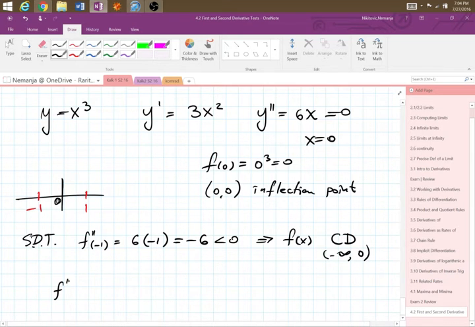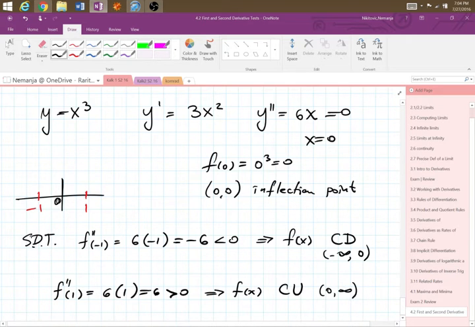The second test point you picked is 1. 6 times 1 is 6, which is larger than 0, implies that the function is concave up on 0 to infinity. So concave down, concave up. That's all you need to write.